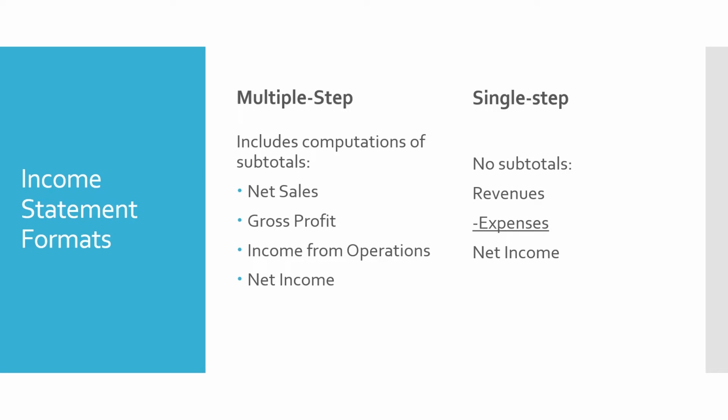In a single-step format, there are no subtotals and no differentiation between operating and non-operating items. So on a single-step income statement, expenses are subtracted from revenues to come down to net income.